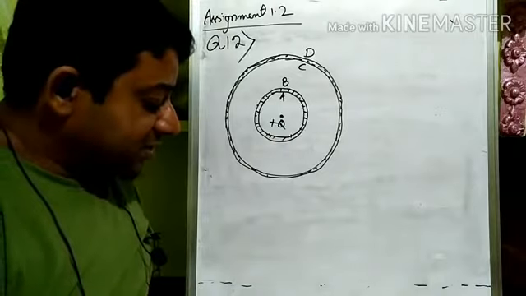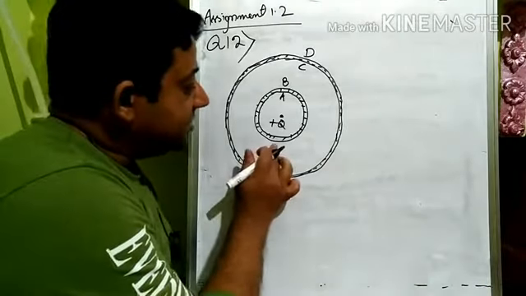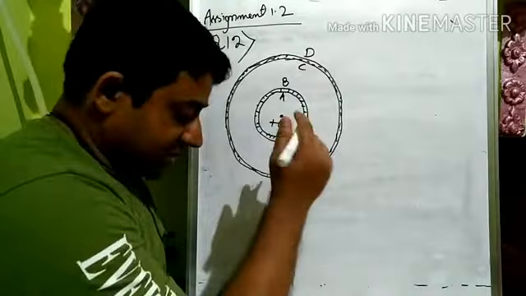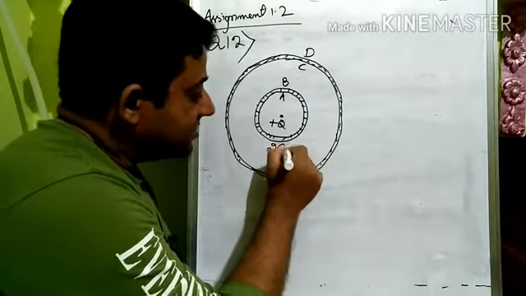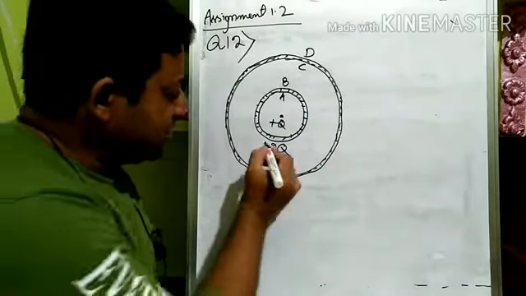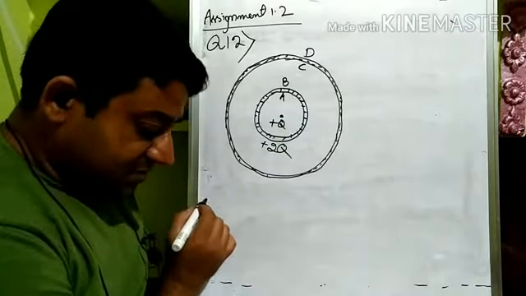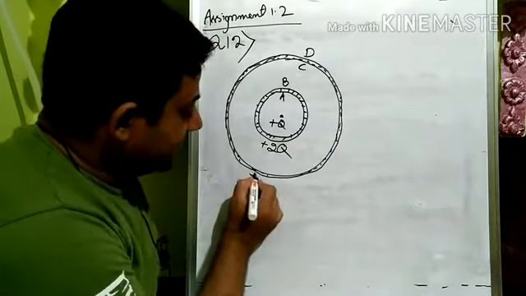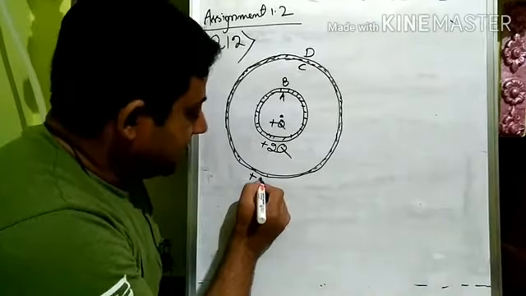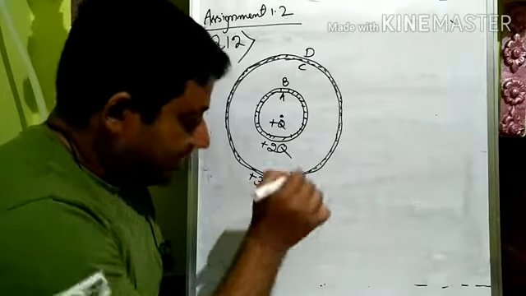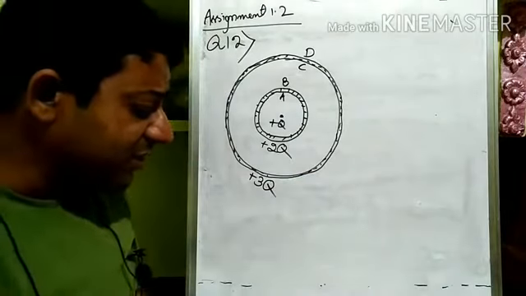And also what is given in the question, the inner ball has a charge of plus 2Q. And the bigger shell is having a charge plus 3Q. Now read the question again.